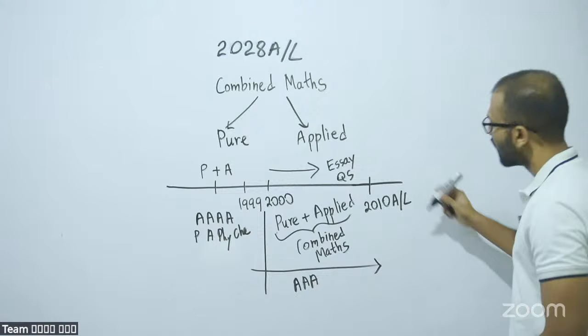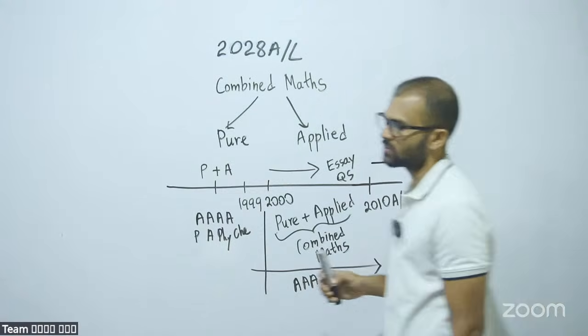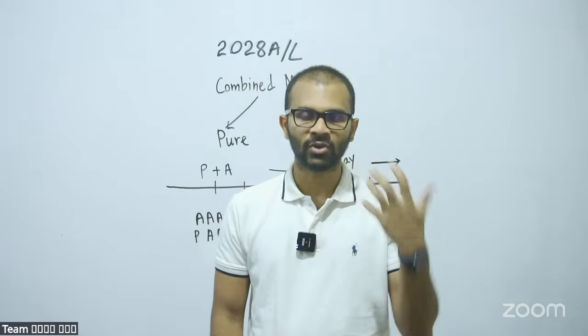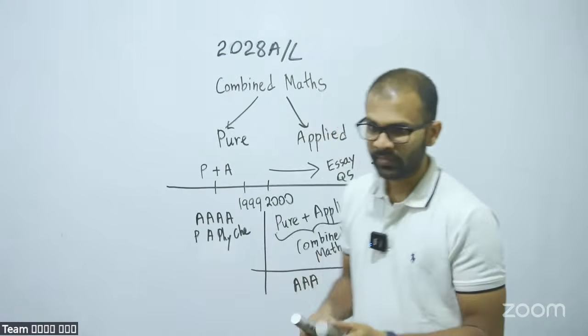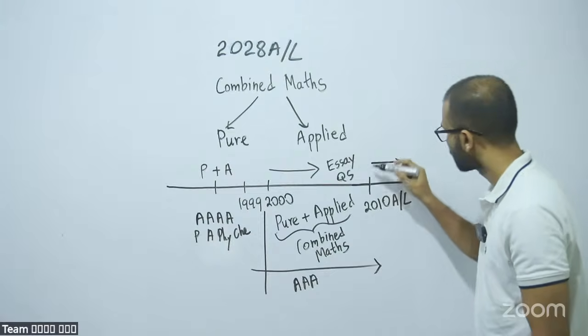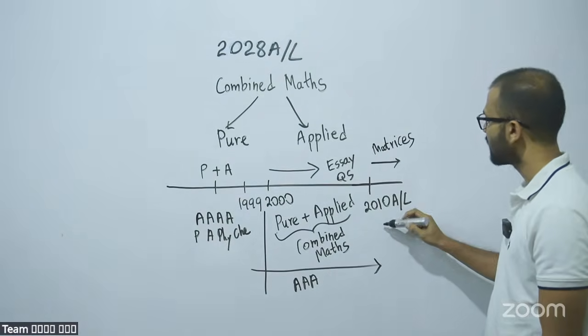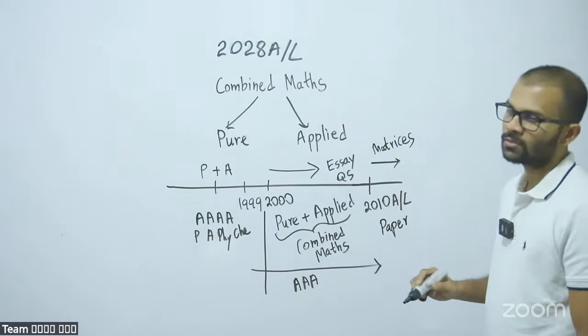So after 2010, there was a syllabus change. Actually, there was a change in the structure of the syllabus, structure of the paper. So they had matrices and the paper got something new.